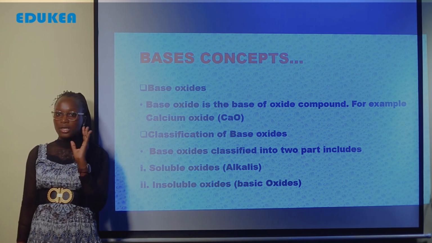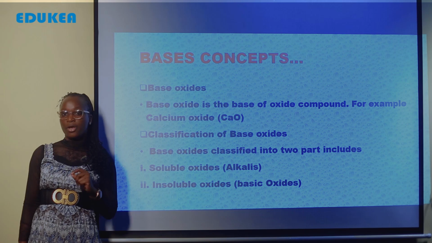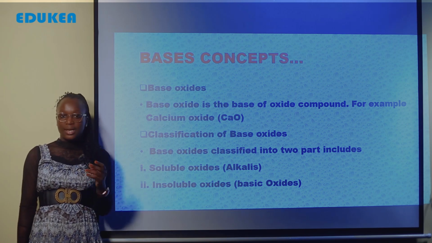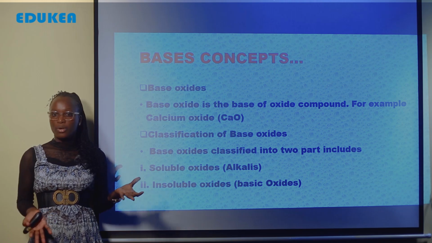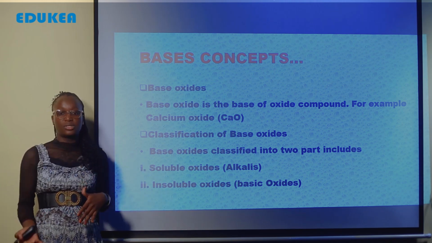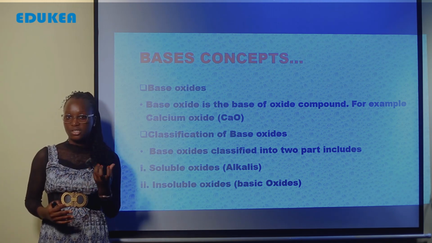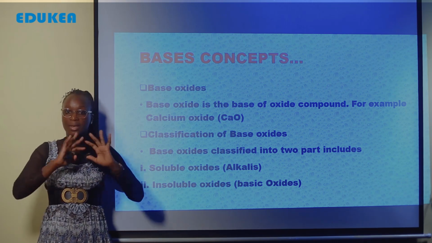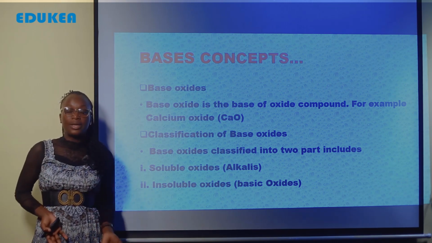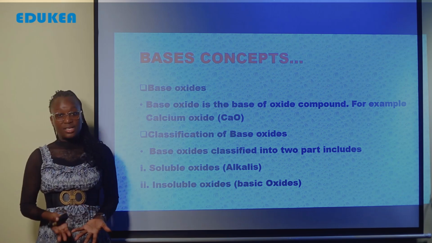Lakini tukija kwenye oxide base tunaona ni zile compound ambazo ziko made of oxide compounds, yani zenyewe zina oxide. Tumeona calcium oxide. Lakini tukija kwenye hii base oxide yenyewe imegawanyika katika makundi yake. Kuna makundi ambayo ni soluble base oxide and insoluble base oxide. Na kwa wakati mwingine soluble oxides zinaitwa alkalis.